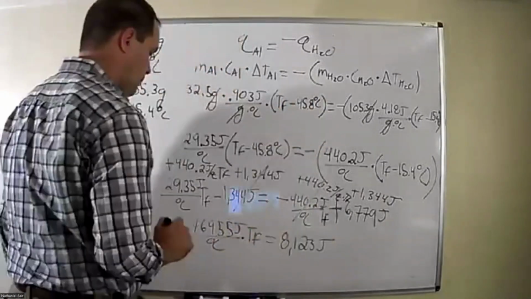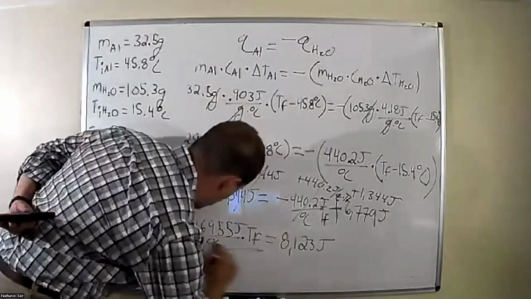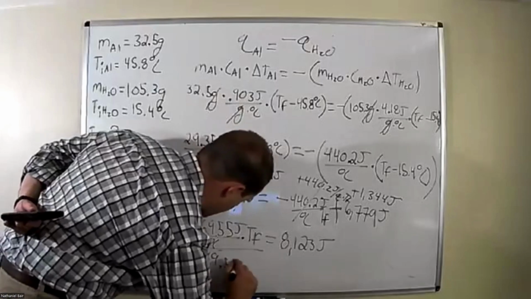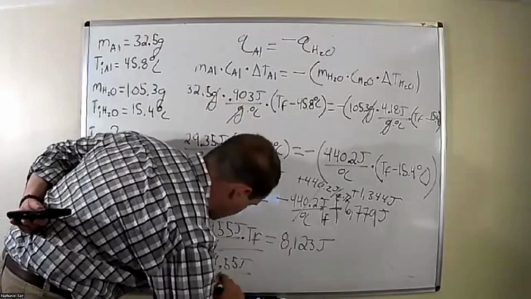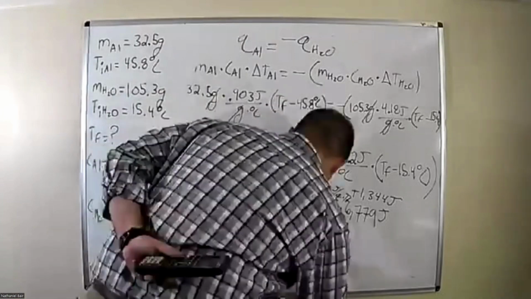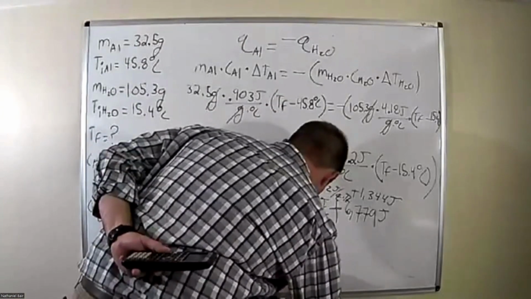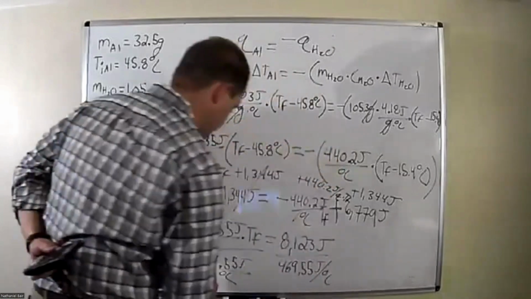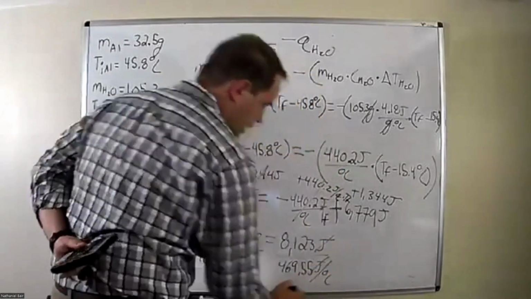8,123 joules. We're going to divide by 469.55 joules per degree C. Joules cancels out.